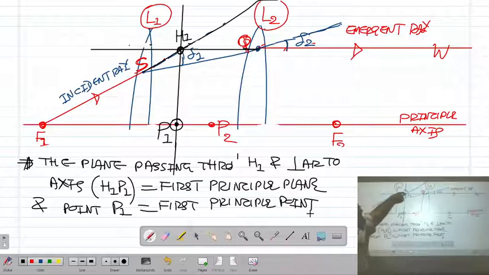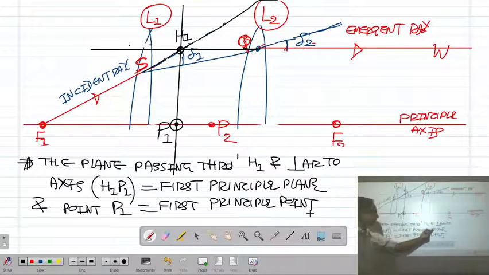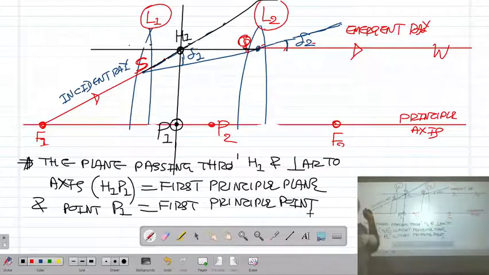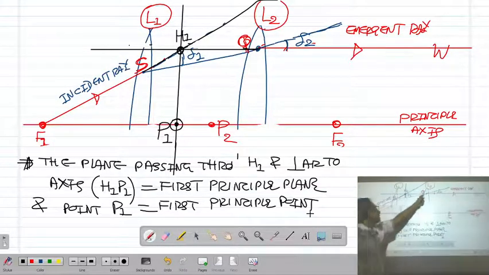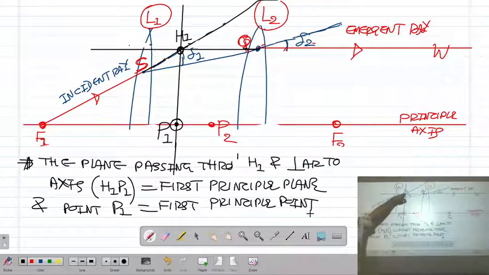The plane passing through point H1 and perpendicular to the axis, the H1 P1 plane, is called the first principal plane, and point P1 is called the first principal point.